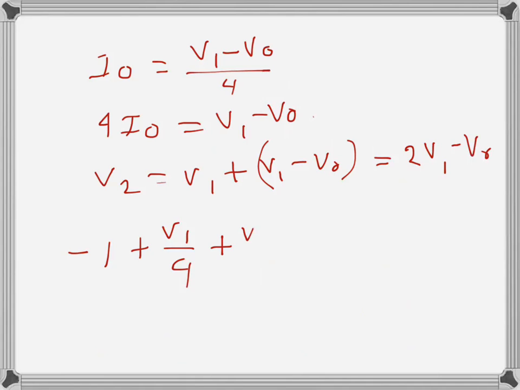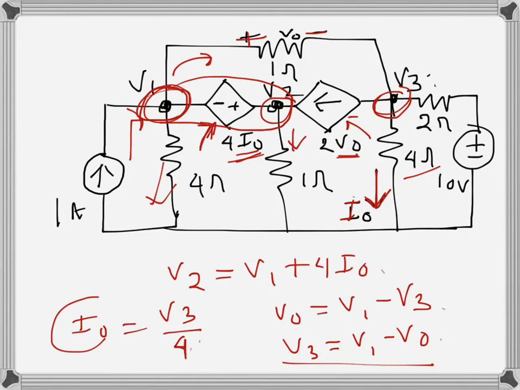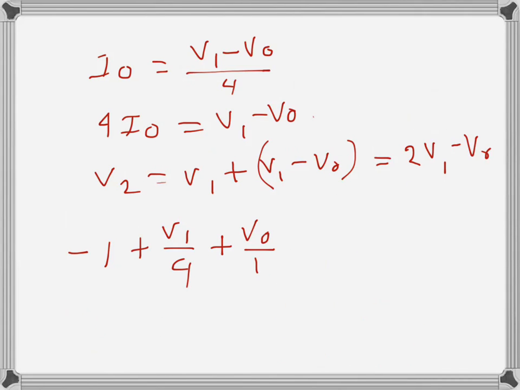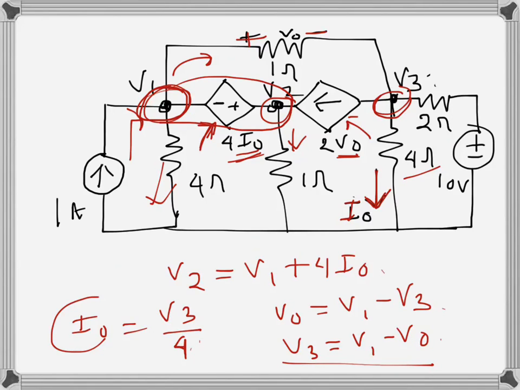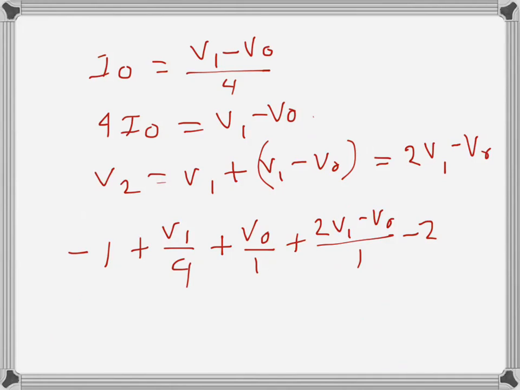So plus V0 over 1, or just V0, and then this current will be V2 over 1, but V2 is 2V1 minus V0, so plus 2V1 minus V0 over 1, and finally this current is again entering, so that is minus 2V0. Minus 2V0 is equal to 0.